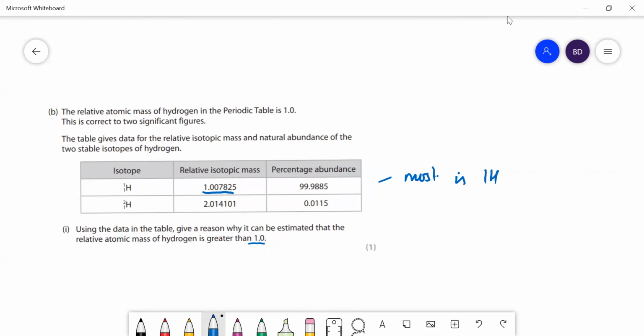And also, even though there's only a small proportion of the 2H, the average value is going to be greater than 1 also, because there is some of this heavy version present. So that will make it even slightly higher than this value here.